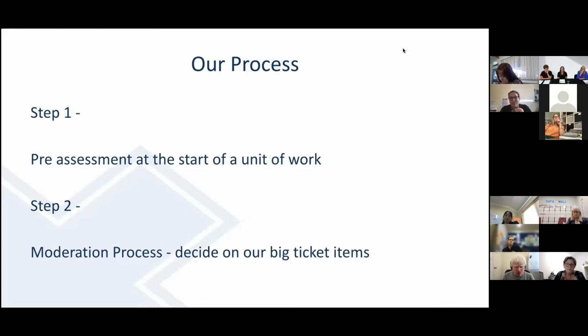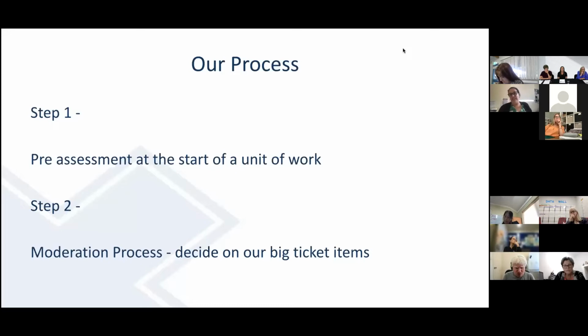Moderation, as we know, is best practice, but one of the challenges is finding the time to do that properly. We worked out, after using Brightpath for so long, that if we didn't give purposeful time for moderating, we had all this beautiful data that we'd collected, but we didn't have the time to use it.